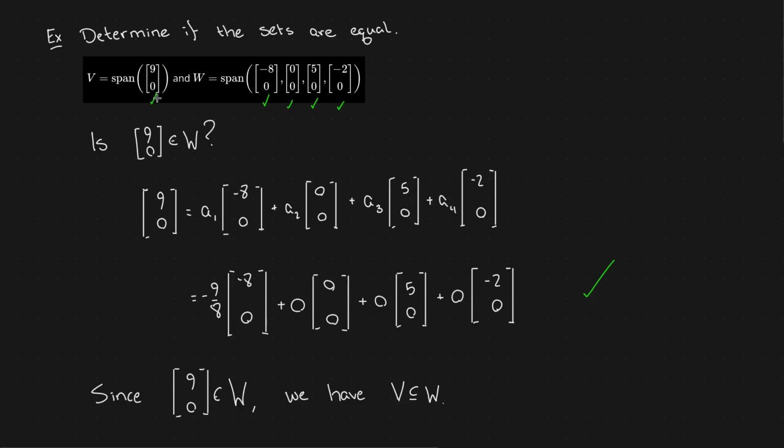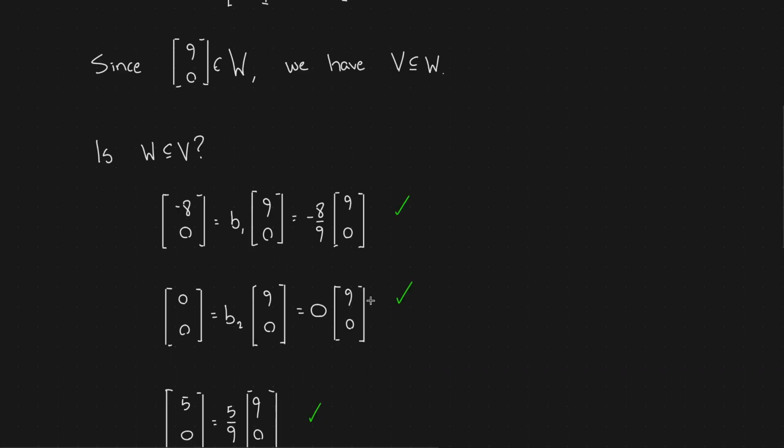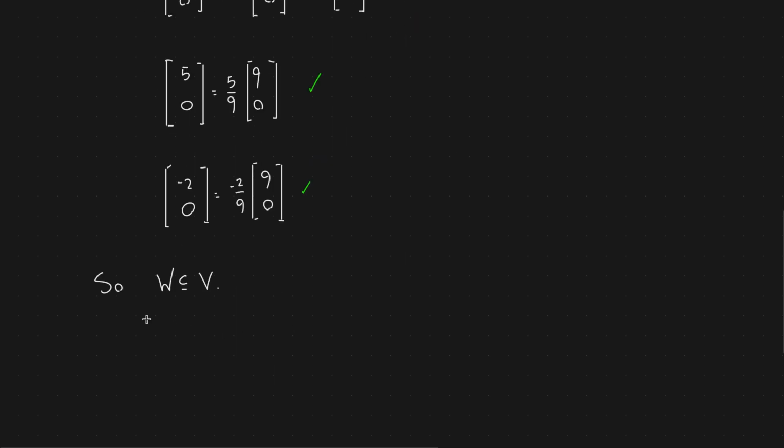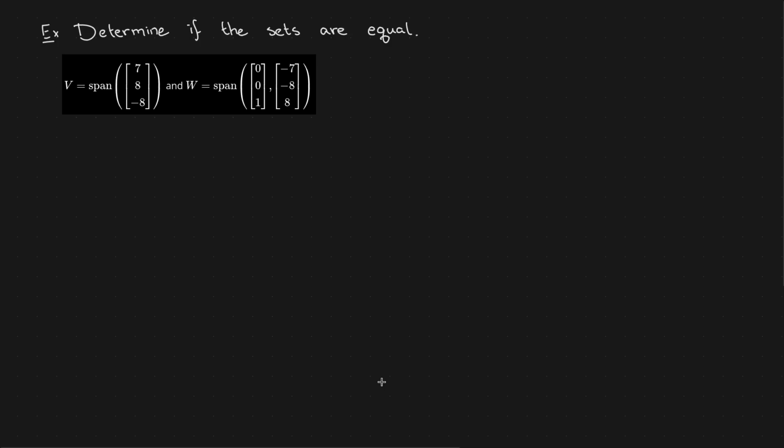Okay, so V is a subset of W. Every vector in V is also in W, but also W is a subset of V. Every vector in W is in V. Thus, V and W must be equal. They have exactly the same set of vectors. All right? Let's look at another one.